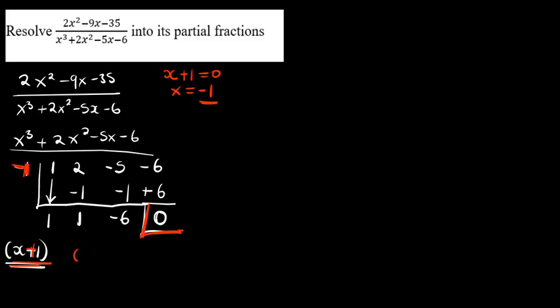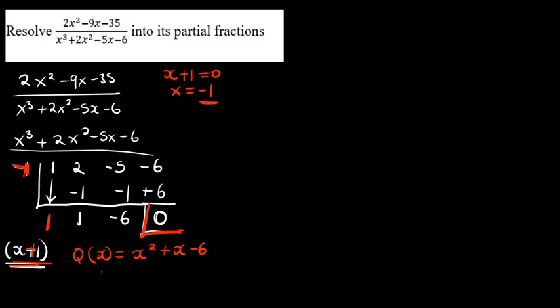Now, what is the quotient equation that you've been given? The quotient equation that we have found is x squared, with the coefficient 1, so it will be x squared plus x minus 6. Now from there, I need to factorize this quotient equation.